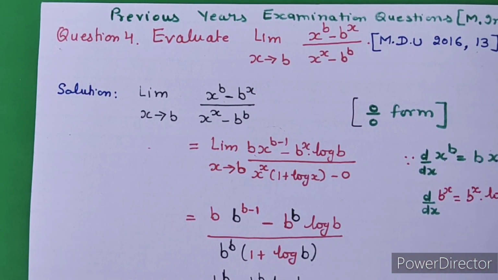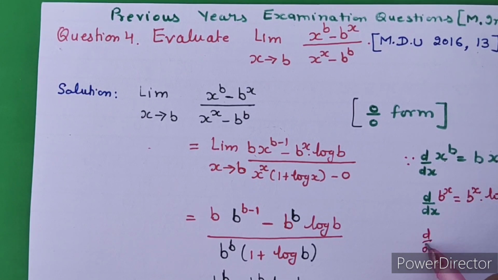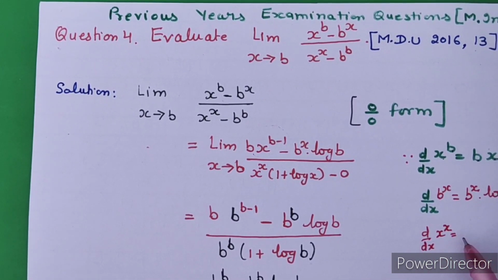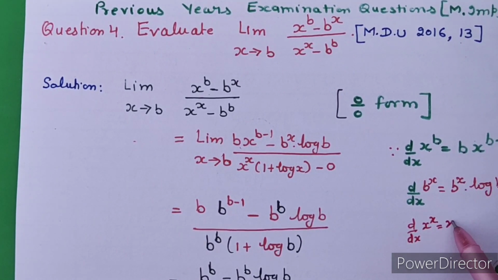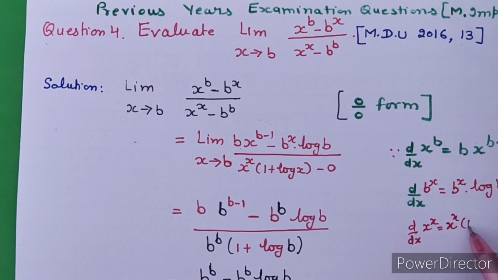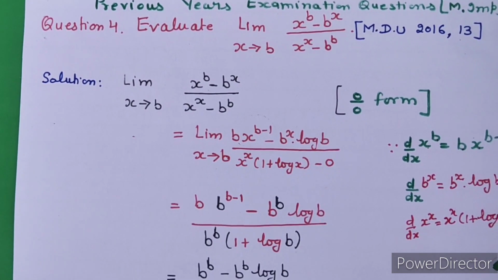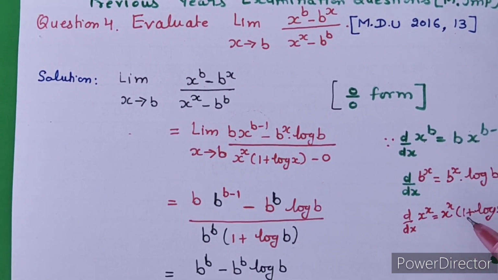Now the differentiation of x to the power x, d by dx of x to the power x, this derivative is x to the power x into 1 plus log x. You should remember the formulas to differentiate x to the power x.